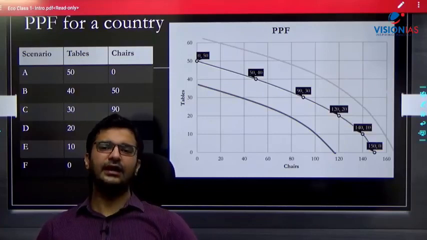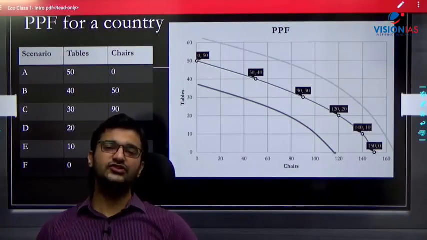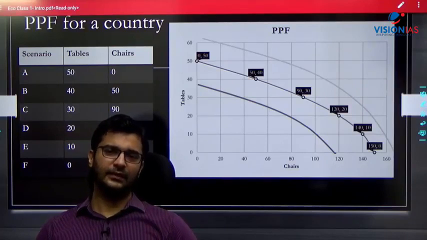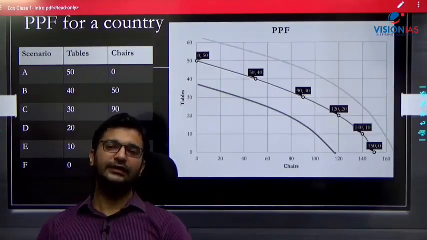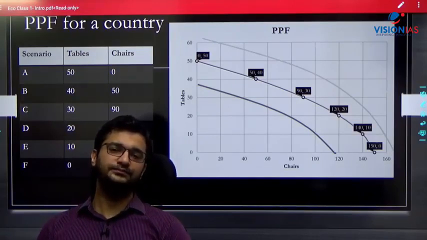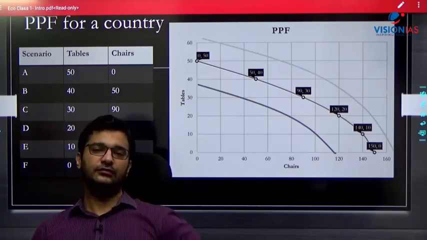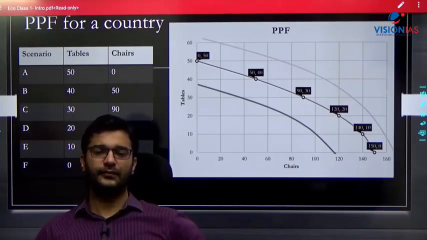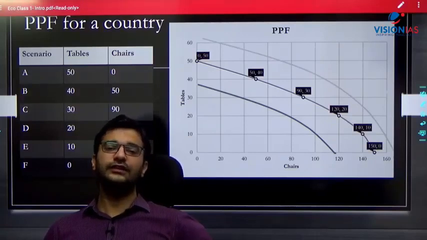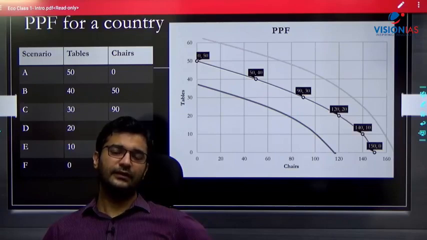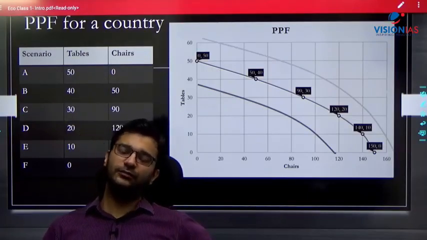And certainly changes with time. What was optimal 10 years before today would be suboptimal today because of increase in productivity with which the output is produced.